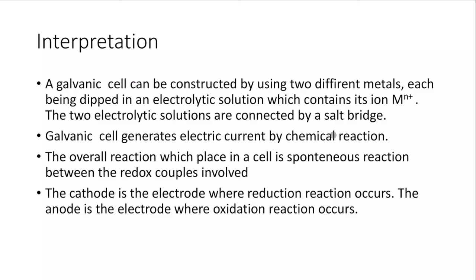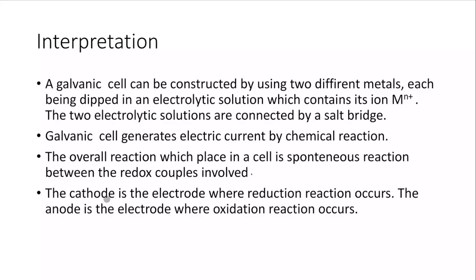We're having oxidation reduction reactions where electrons are being transferred from the anode to the cathode, and we are generating an electric current from this chemical reaction. The overall reaction which takes place in a cell is a spontaneous reaction between the redox couples involved. It should be spontaneous, so that we will have electrons moving through the connecting wire, and thus we have current.